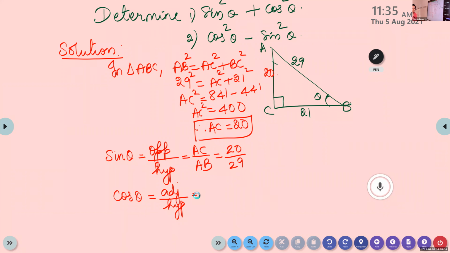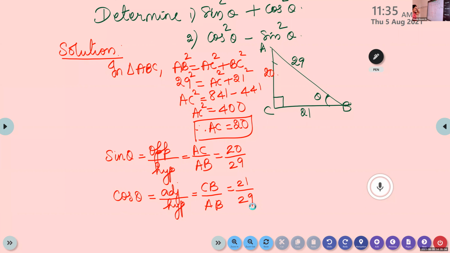CB. And the hypotenuse is AB. So cos theta is 21 by 29.